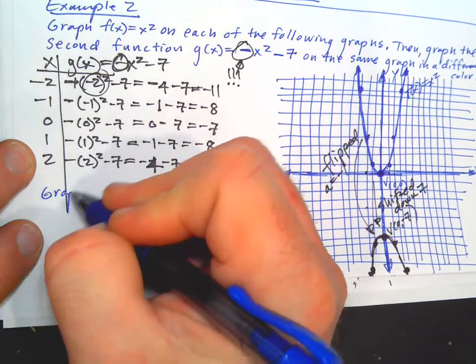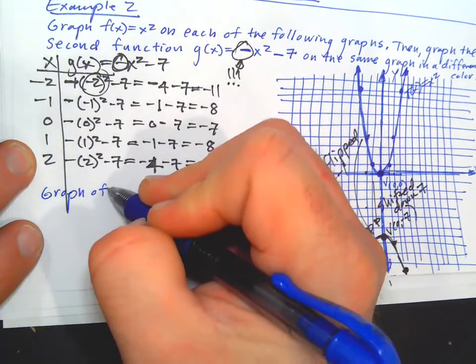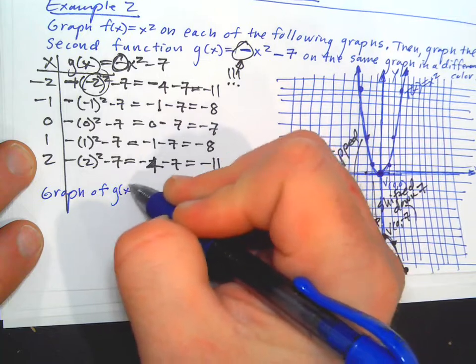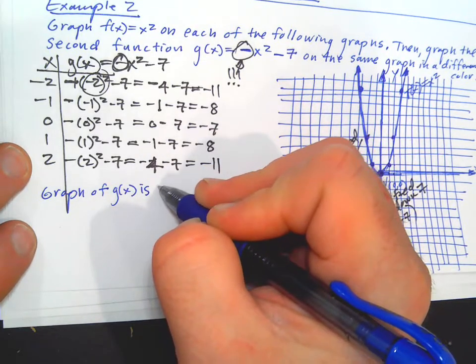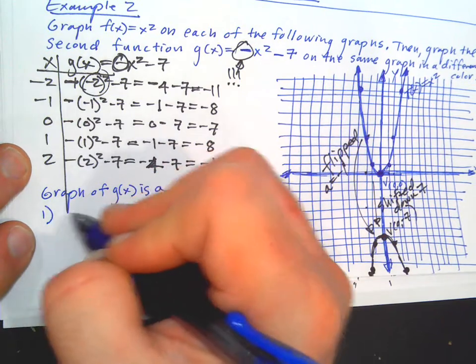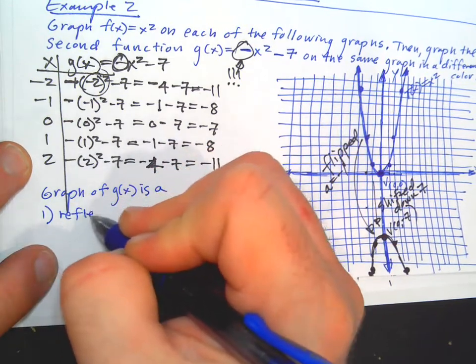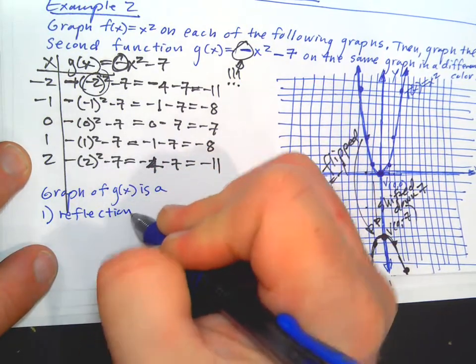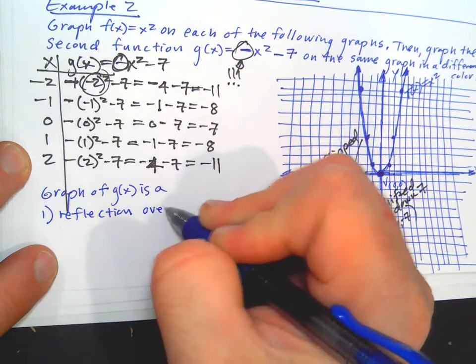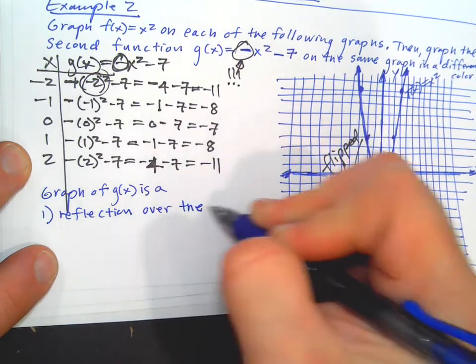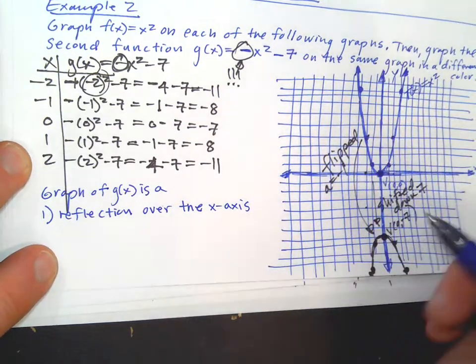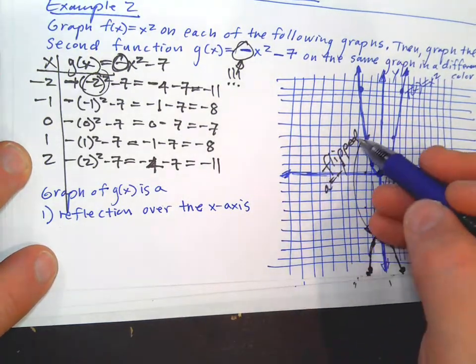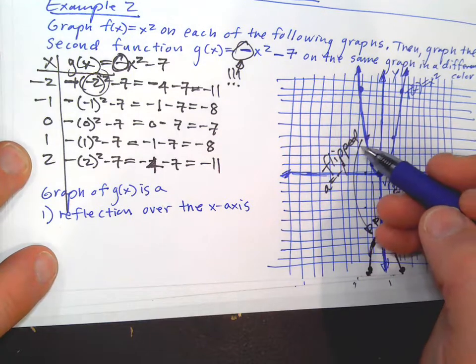Graph of g of x is a reflection over the x-axis. Reflection means like a mirror image, to flip something. Okay, so I said flip, but a fancy word is reflect.